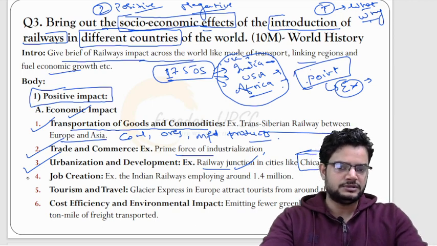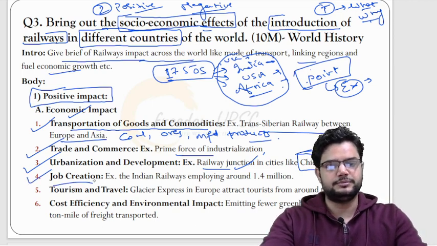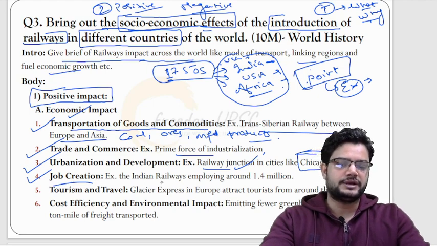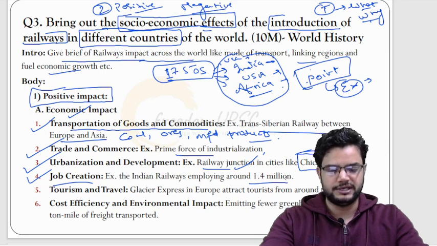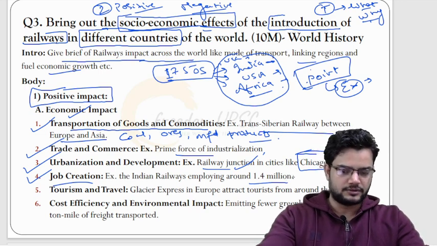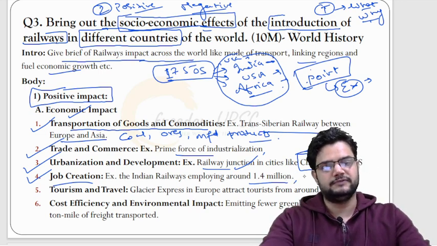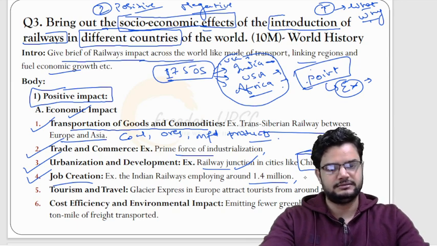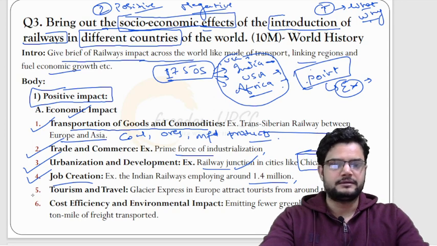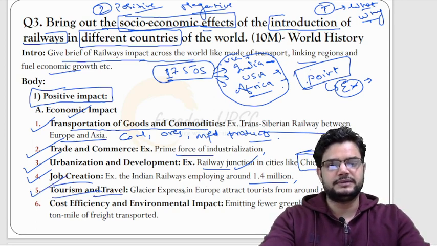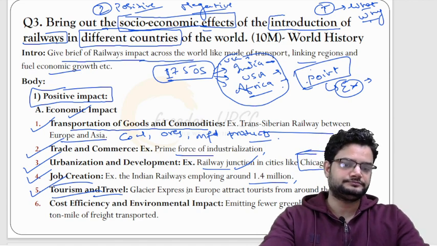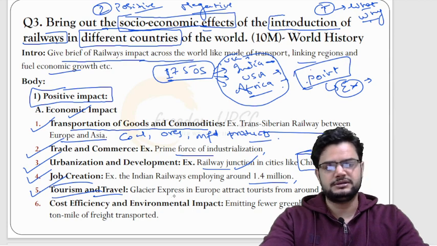Now coming to the fourth part, which is job creation. So you can give an example of Indian Railways, that Indian Railways now employs nearly 1.4 million people. Okay, so in various roles railways can employ, like engineering, laying the lines, etc. Then coming to tourism and travel, it increases tourism and travel across the world, so people shared their journeys with each other, right?